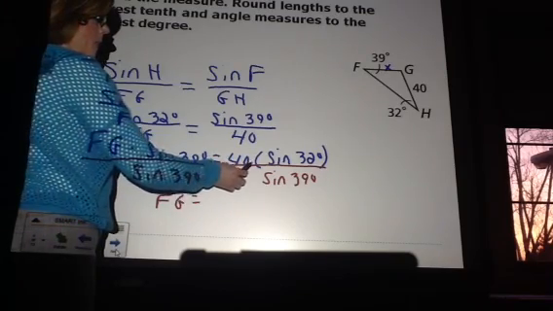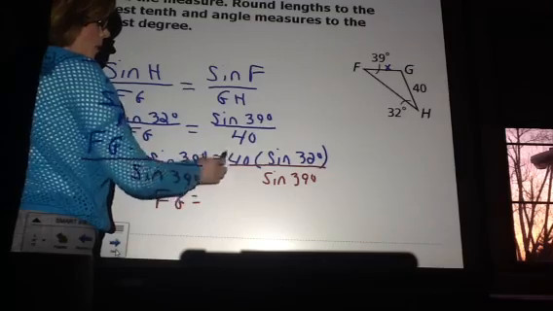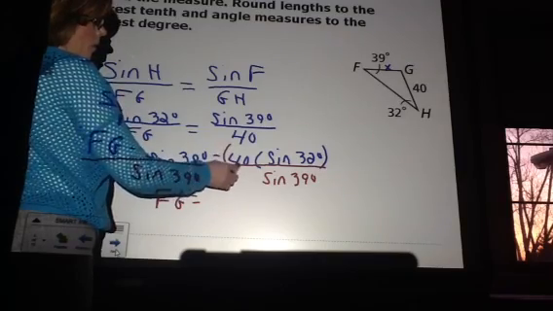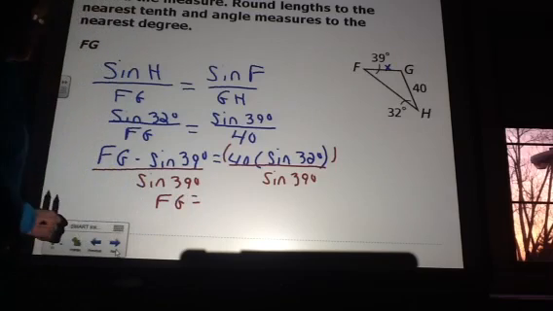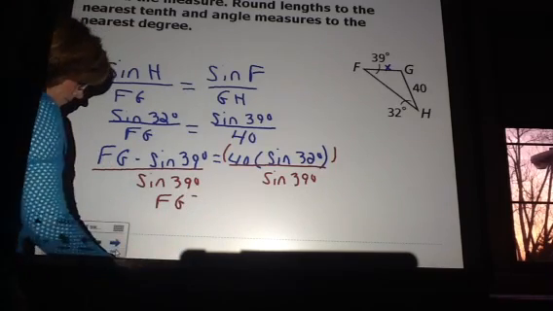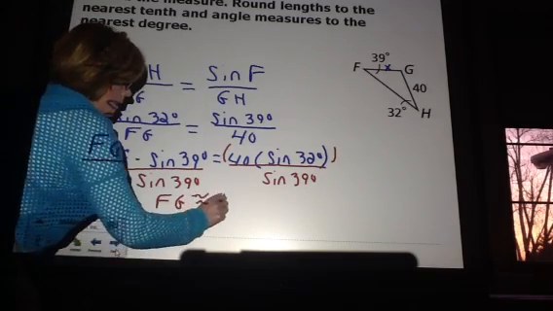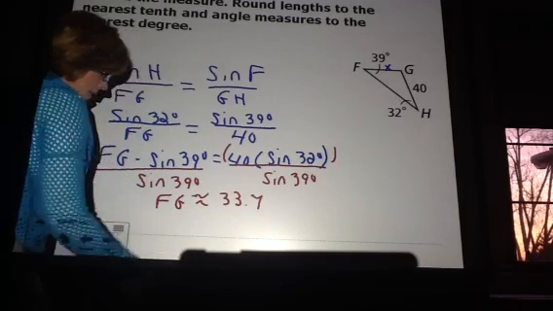I'd put 40 inside parentheses times the sine of 32 in parentheses, divided by the sine of 39 degrees. And you're going to get approximately 33.7.